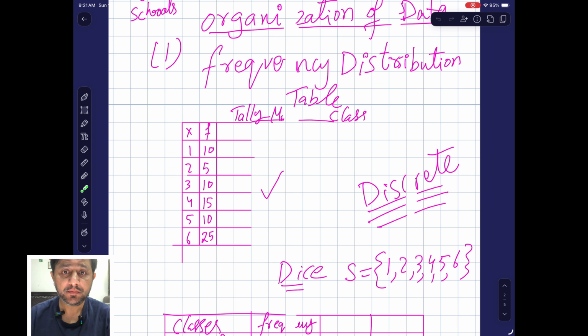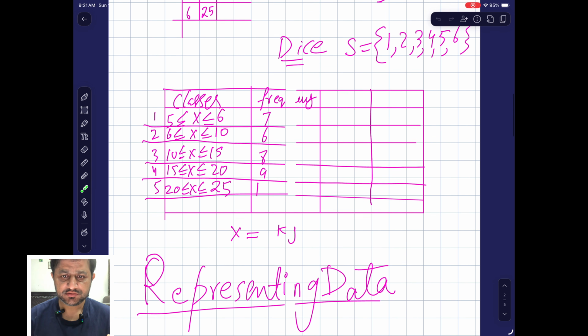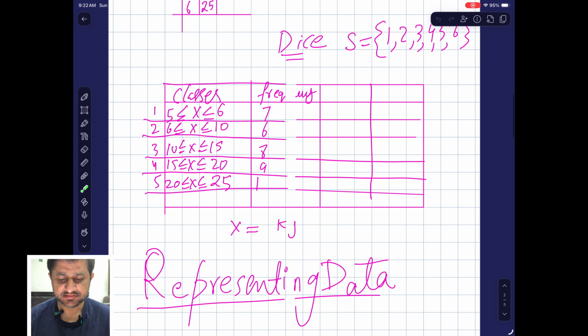It is not possible for you to check which student is in which class, but if you organize them in the form of columns and rows, then you can easily recognize which class's students are in every row or column, right? So it is very important to organize the data for further analysis, understanding, and interpretation.